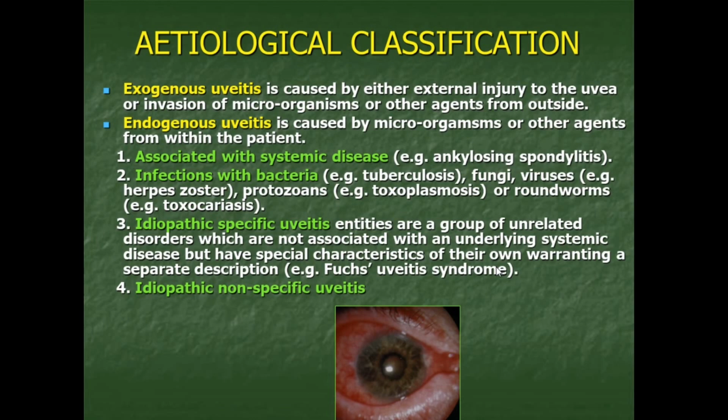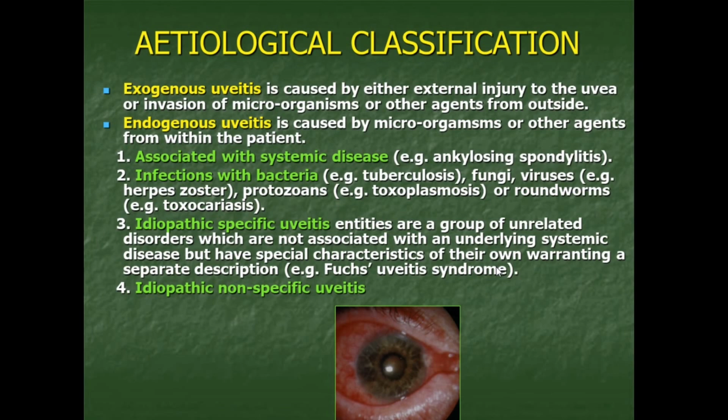And endogenous uveitis is caused by microorganism or other agent from the patient's body. Now we will speak about endogenous uveitis, because exogenous uveitis we will discuss during the traumas.